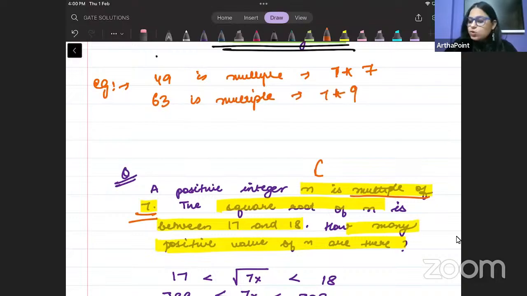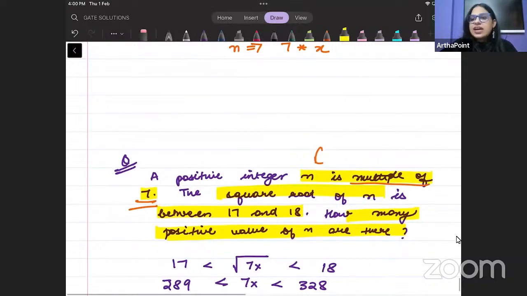So if I tell you that a number is a multiple of 7, you can write that number as 7 times some number x. Whenever a number is a multiple of some number, you can write it as 7 times that number, or 8 times that number, whichever it is a multiple of.